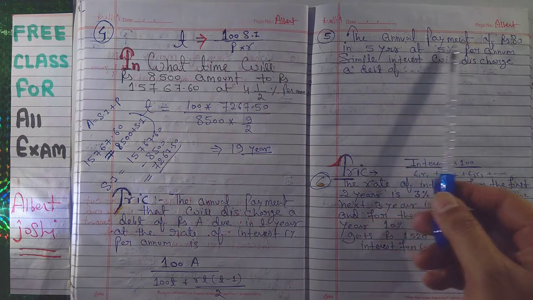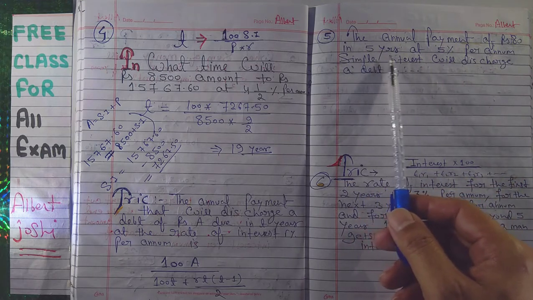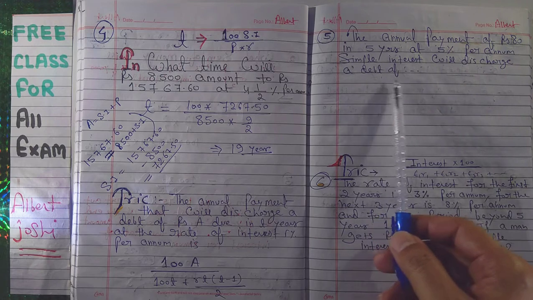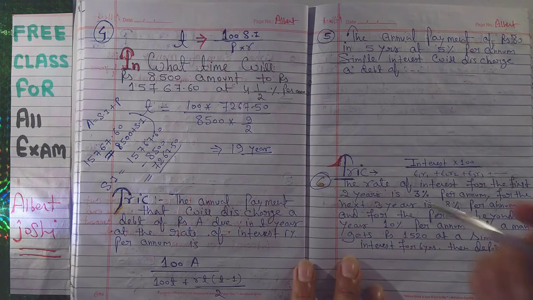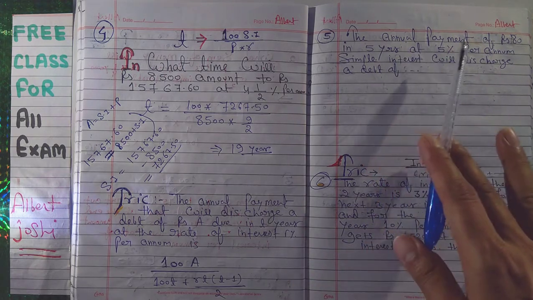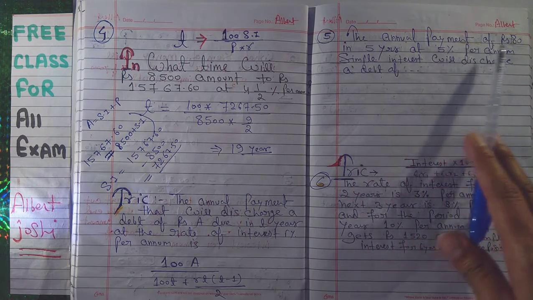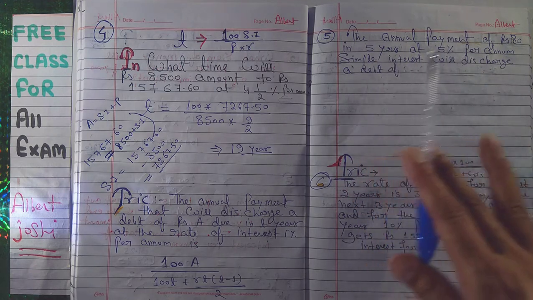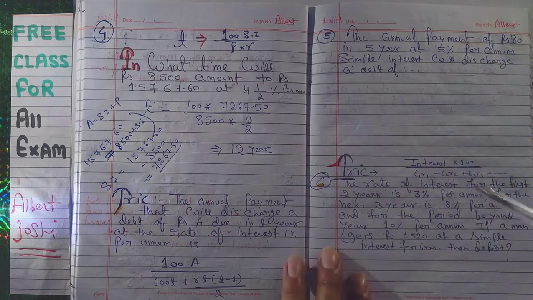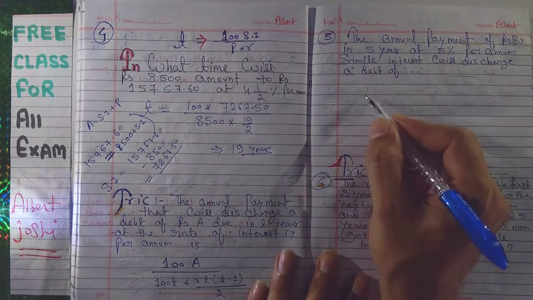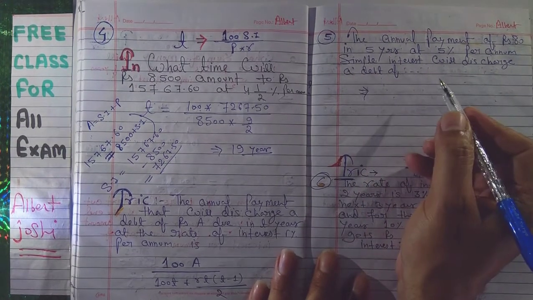The annual payment of rupees 80 in 5 years at 5% per annum simple interest will discharge a debt of. So he is asking the annual payment, the EMI per annum, what money will you pay? So you have to put the values here, nothing else, rather than doing a huge calculation.